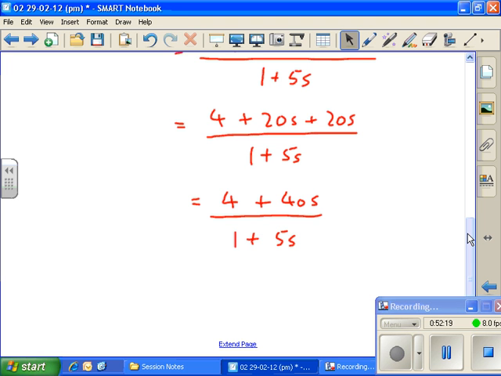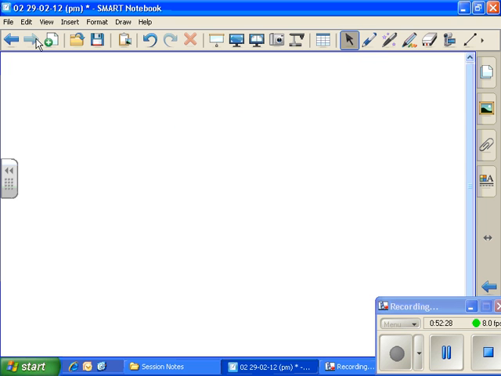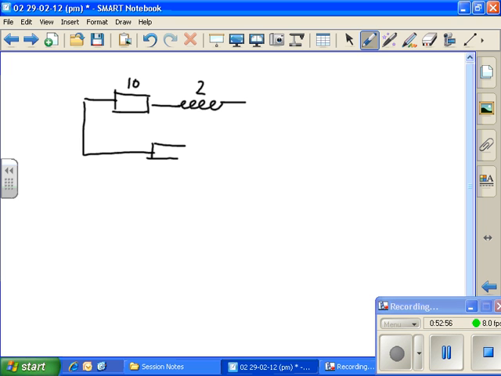Yes, I could divide top and bottom by 5 here to get that S on its own. So, try these networks. Try that.